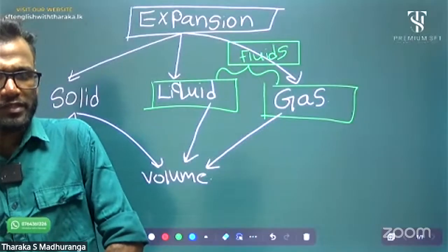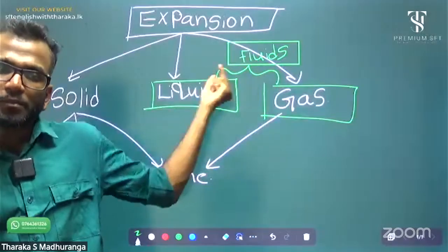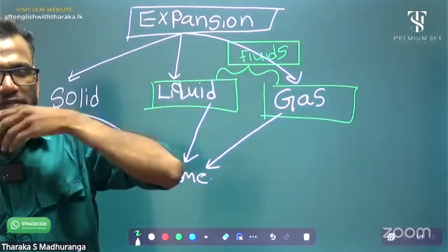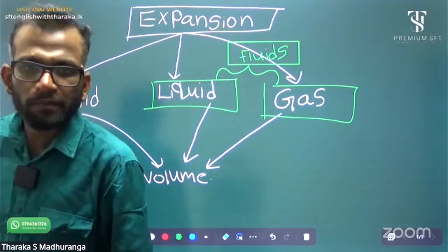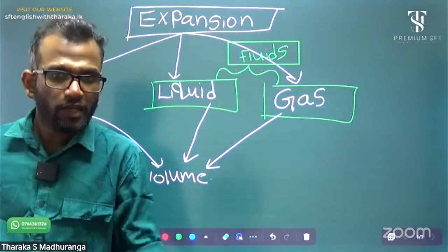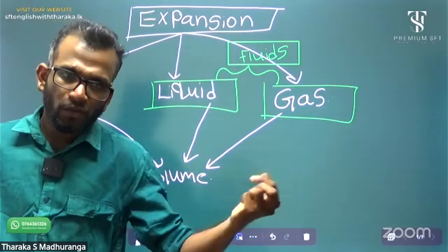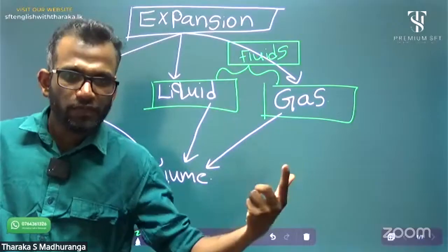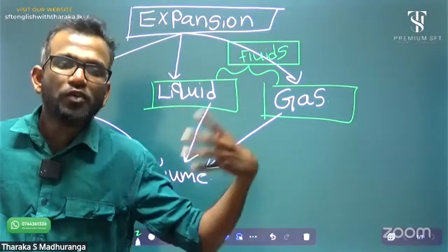What's the definition of fluids? Normally liquids and gas are both fluids. Very good. Any substance able to flow, in other words any substance with viscosity, is called a fluid.